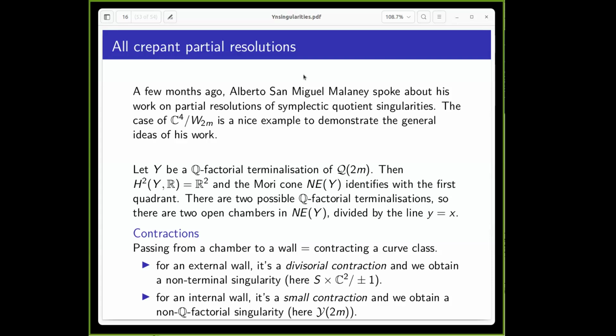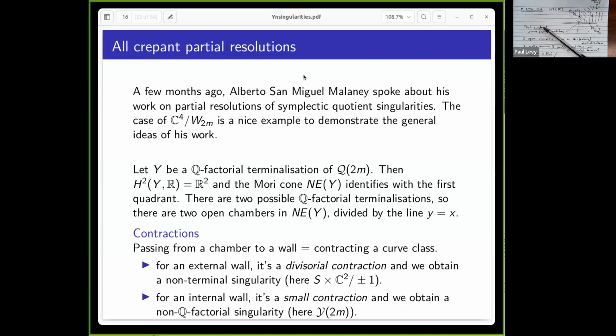But then if you want to take divisorial contractions, then you get to the boundary of the movable cone, then maybe it's not always a priori immediate that you get all of them that way, but in the symplectic singularity case, I guess it follows from BCHM, right, that you're always dominated by a Q factorial terminalization.